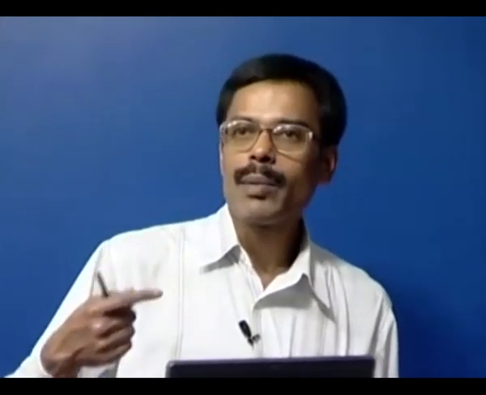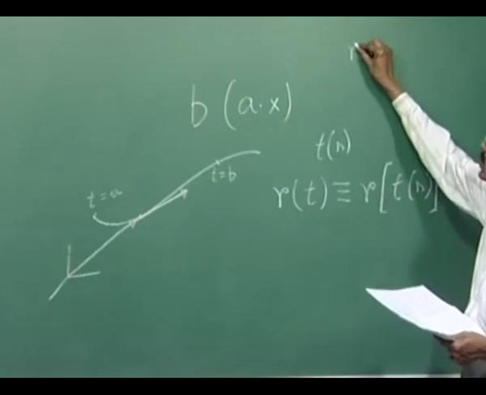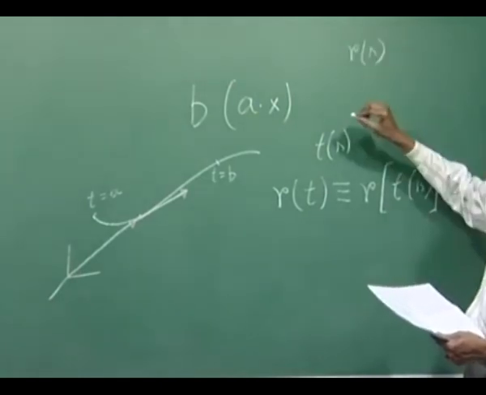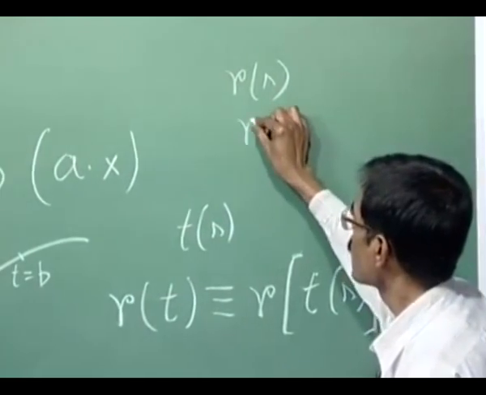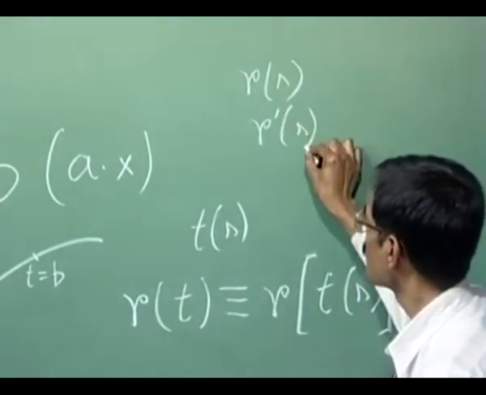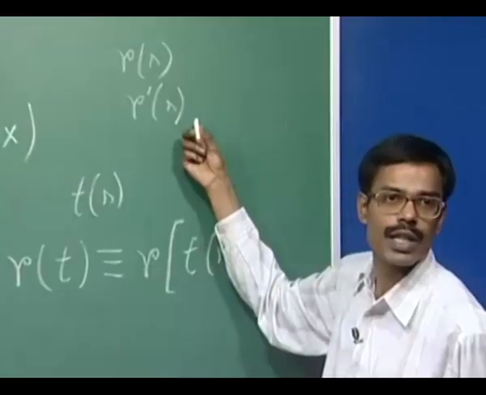If we parameterize a curve with the arc length as its parameter, then we get something interesting. If we represent it as r of s, then as we find the derivative for the tangent, we get r prime of s, and this will always be of unit length.